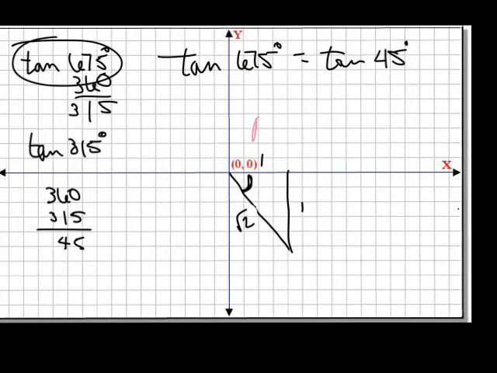So again, all students take calculus. Cosine is positive there, so I know tangent is negative. So the tangent of 675 degrees is going to equal negative something. Negative what? Opposite over adjacent. 1 over 1. So the tangent of 675 is going to be negative 1.